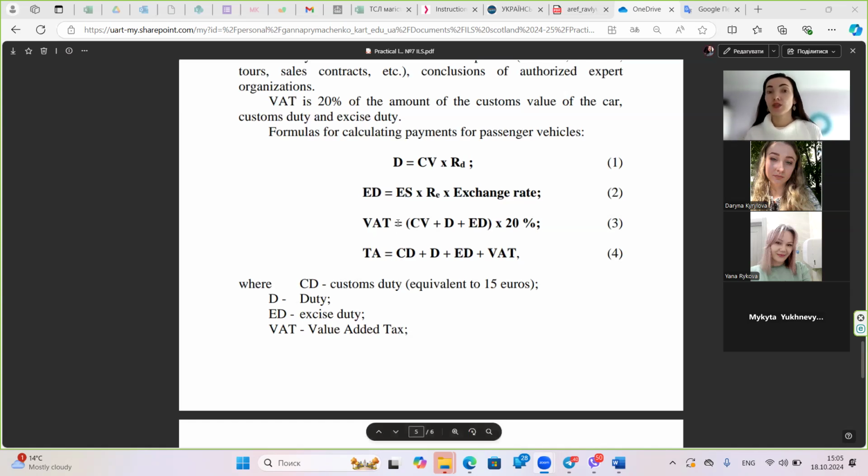Write what is equal to: open parenthesis, find CV from the first parameters, first formula, add D, the result of the first formula, and add the result of the second formula. Close parenthesis and multiply by 0.2. I leave 20% for your understanding of these parameters, but we don't multiply it by percent.